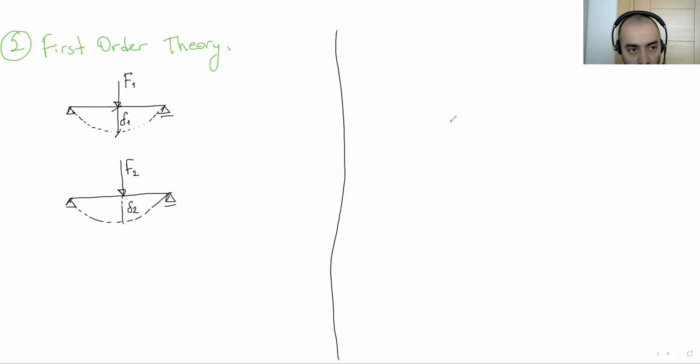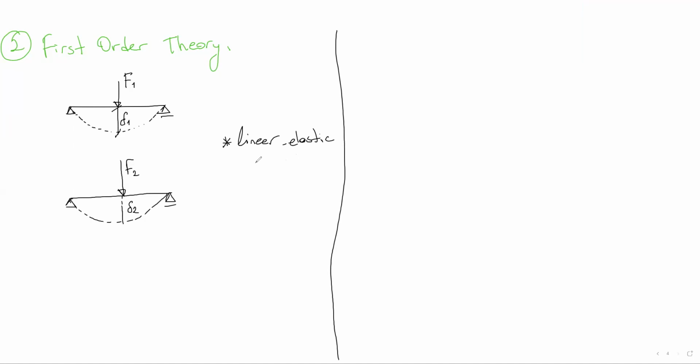Here we are dealing with the first order theory, and we know that this system or these members are linear elastic members. Okay, linear elastic. When we remove the loading, it gets back to 0 position. This path is a line. That's why we call this linear elastic.